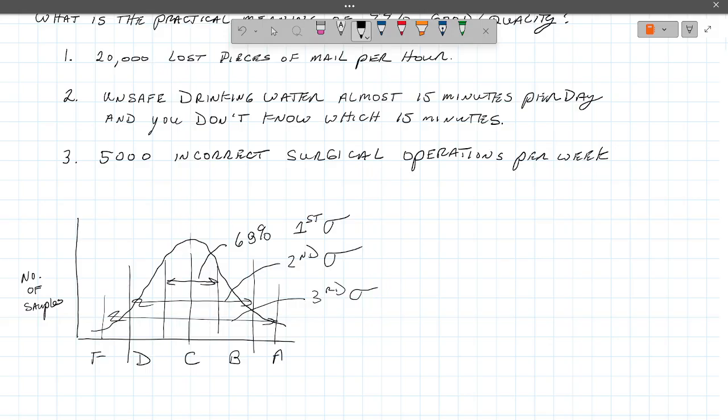And that's sigma is what the deviation symbol means. This turns out to be 99%. Okay. But if you take that little graph right there and go back up and realize there's 20,000 pieces of lost mail in an hour, that was 90%. What happened to the 20,000?